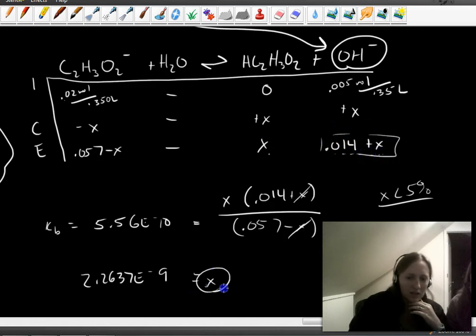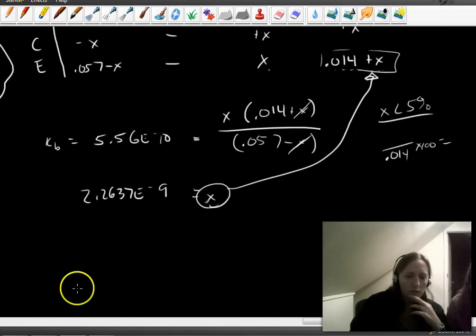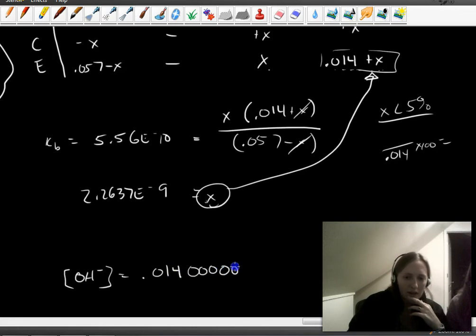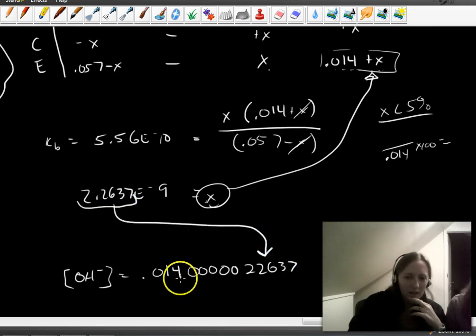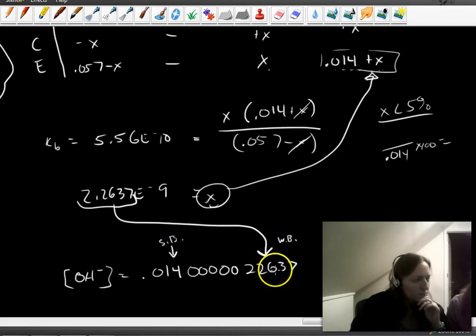So what's your hydroxide ion concentration? 0.014, and then 22637. This is the contribution from your weak base, and here is the contribution from your strong base. I don't think the weak base matters much. The weak base doesn't matter much.